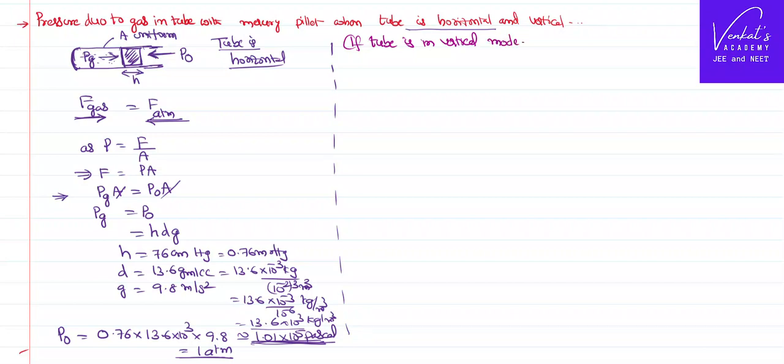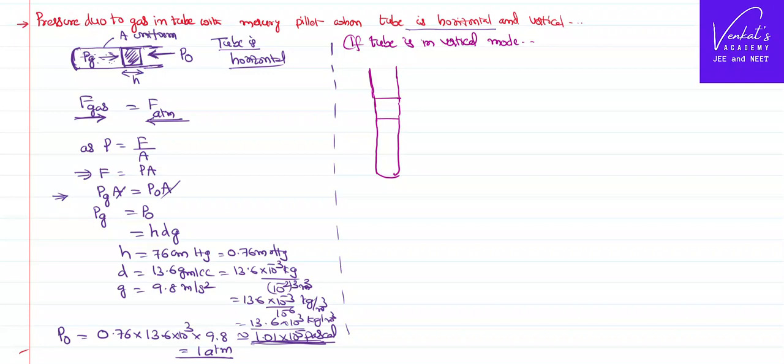There are again two possibilities. What are the two possibilities? It is in vertical mode in such a way that its open end is open to the atmosphere, and vice versa. Let us discuss this case now.